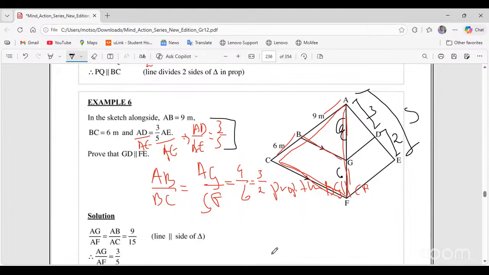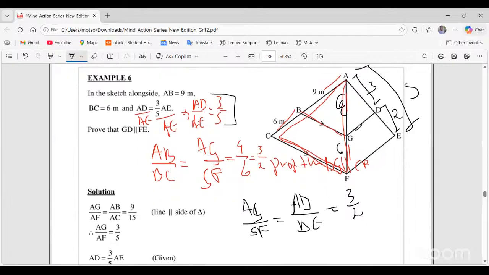Now clearly we can see that the ratio AG over GF is equal to the ratio AD over DE. Yes, they are both equal to 3 over 2. We have 3 over 2 here, and we had 3 over 2 right there.